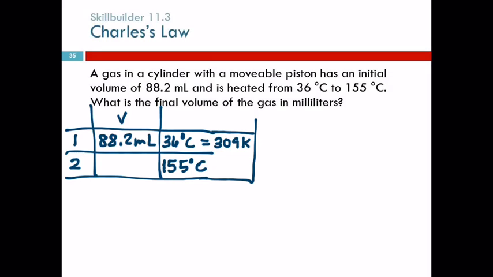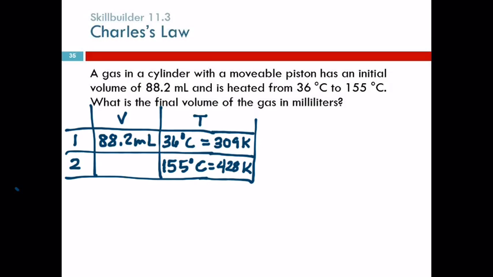And 155 plus 273 is 428 Kelvin. And that's my temperature column. The gas laws do not work with degrees Celsius.